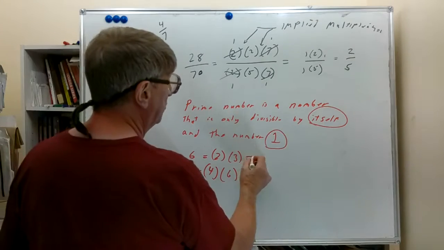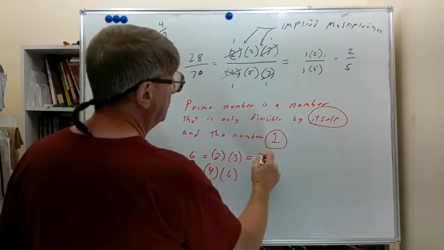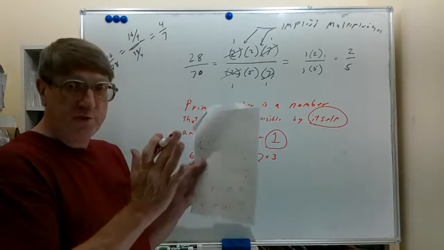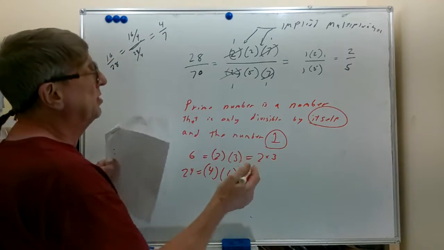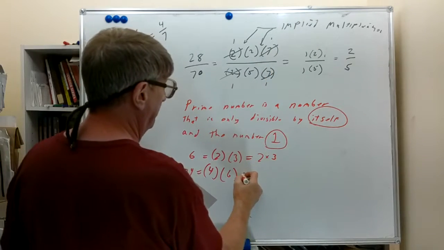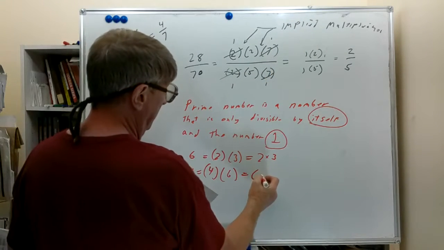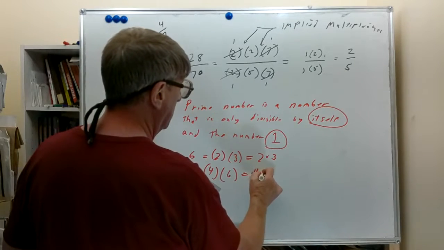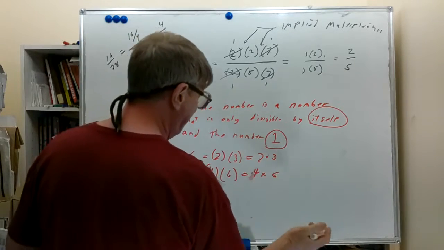Now I'm going to note here that this is equivalent to 2 times 3. When I put them in parentheses like that and push the parentheses together, there's an implied multiplication like we talked about before. And this is equivalent to 4 times 6 in that form.